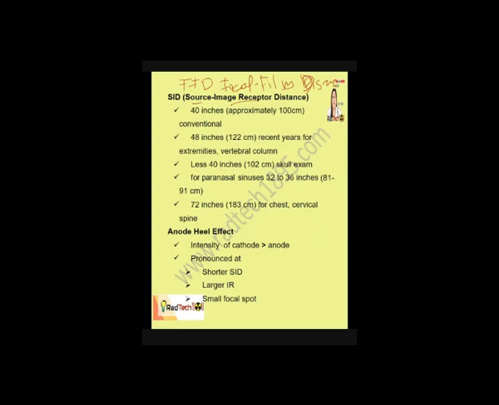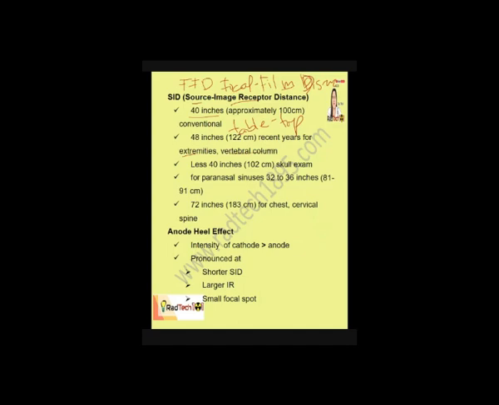So pag tabletop, that is 40 inches, approximately 100 centimeters. Tabletop, ibig sabihin yung patient nasa table. 48 inches or 122 centimeters for recent years applied when we examine extremities and vertebral column.